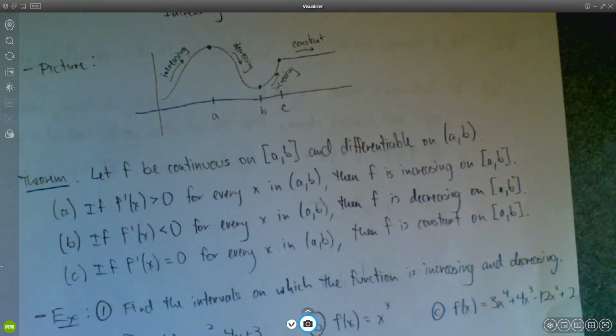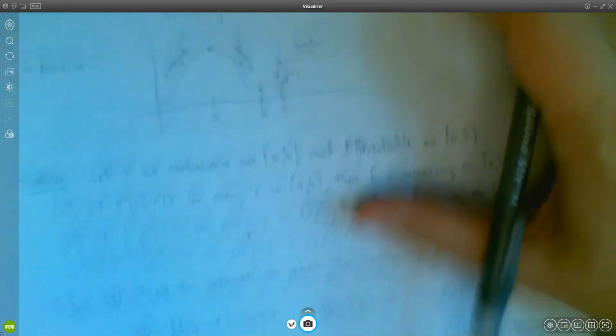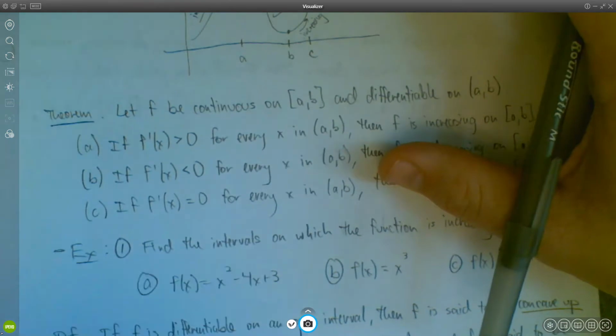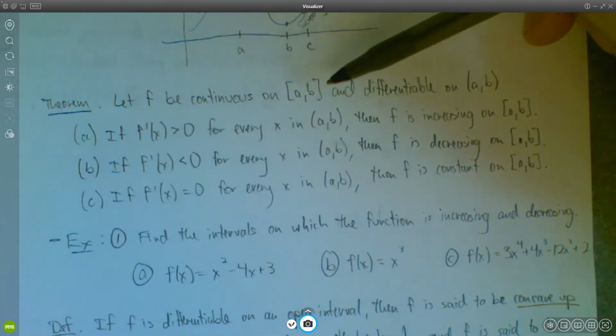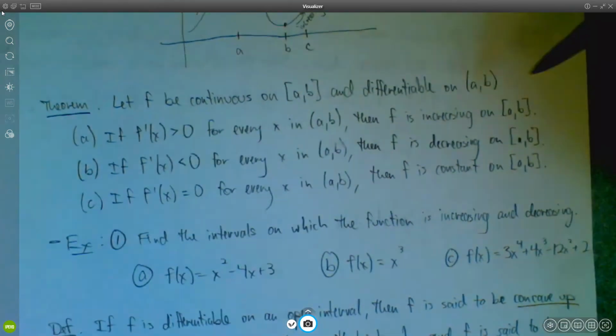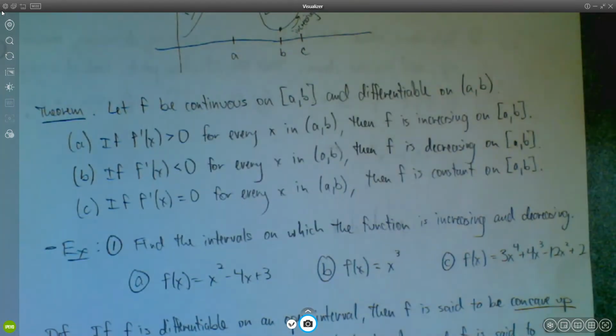Now, what does this have to do with calculus? Well, let f be a continuous function on some closed interval [a, b] and differentiable on the open interval (a, b).